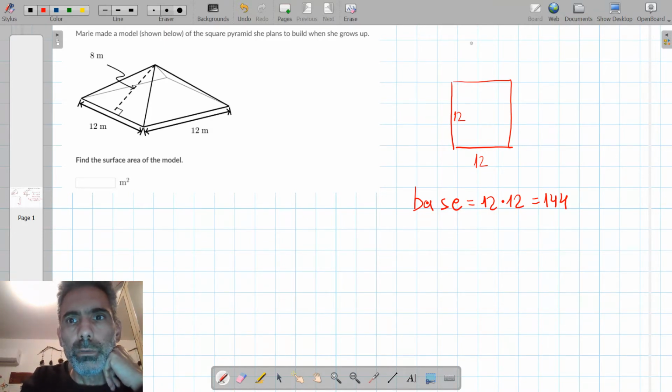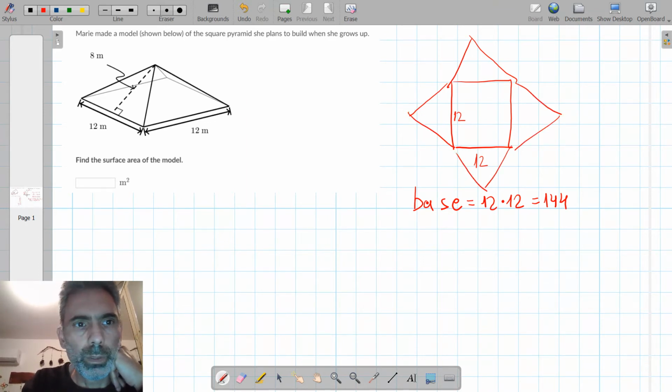We have 4 triangles as the faces of the square pyramid. Each triangle has a base of 12 and the height is 8.